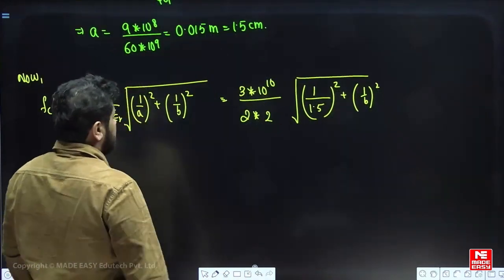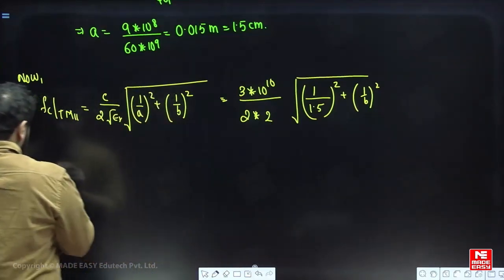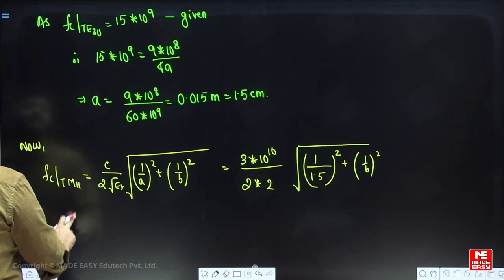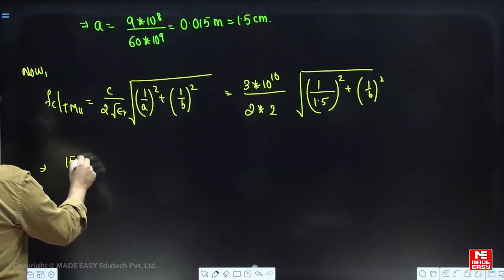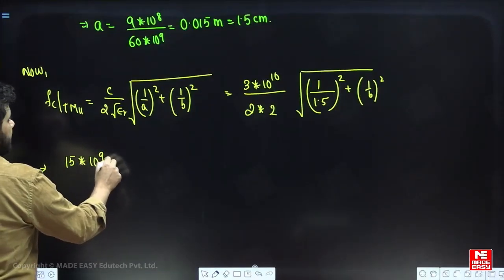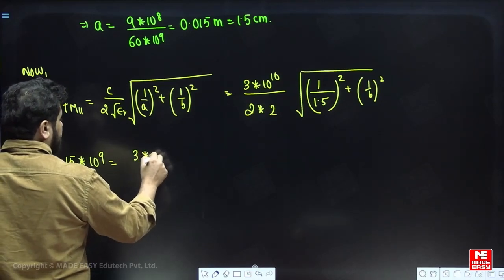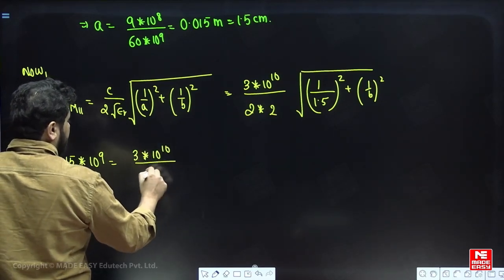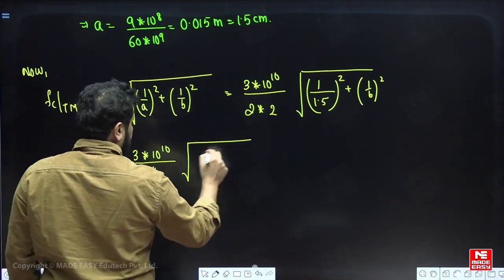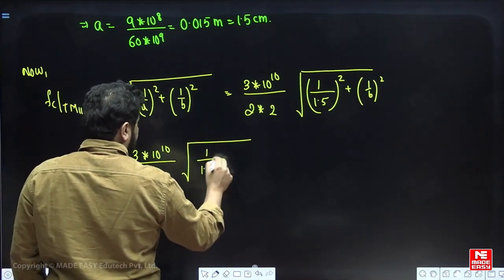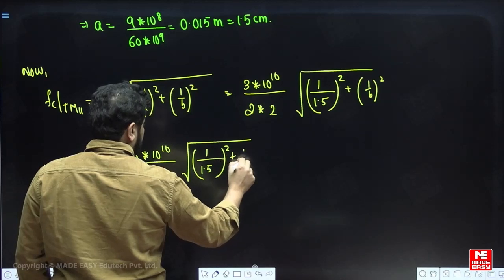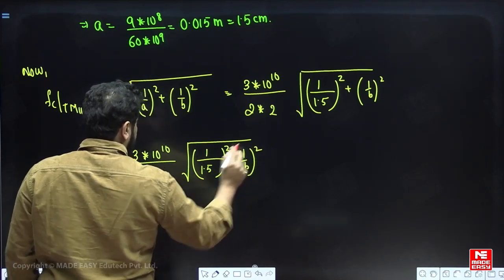This cutoff frequency is given as 15 gigahertz. So 15 into 10 to the power 9 is equal to 3 into 10 to the power 10 divided by 4 root under 1 upon 1.5 whole square plus 1 upon b square. So from here I will get the value of b.